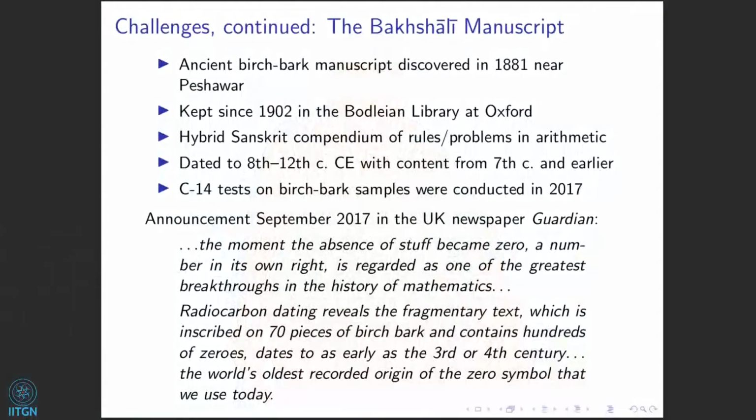And they point out, rather breathlessly, but not unreasonably, that the invention of zero is one of the greatest breakthroughs in the history of mathematics.